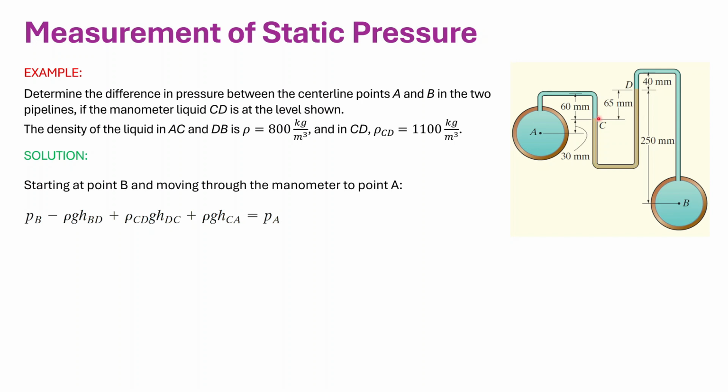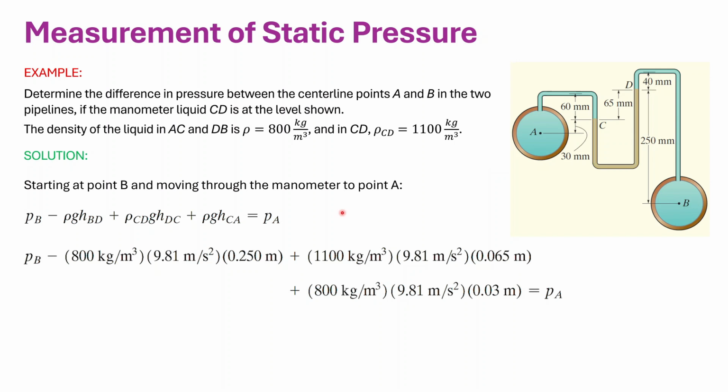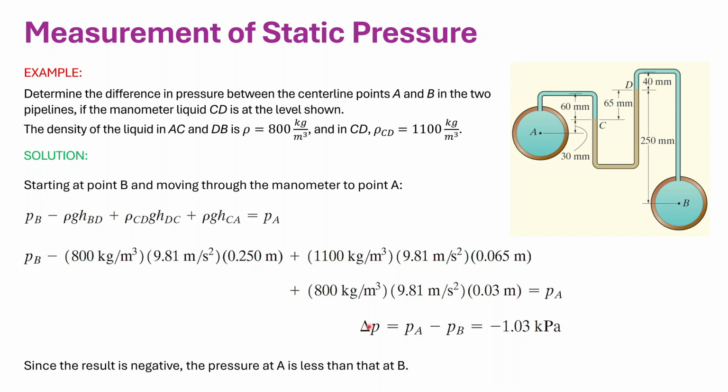So from this point, we can go here, and then from here, we have plus rho g h CA, which is basically this difference, equals PA. So by plugging in the numbers, we get delta P equals PA minus PB equals negative 1.03 kilopascals. Since the result is a negative number, the pressure at A is less than that at B.